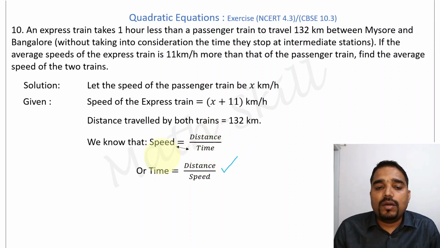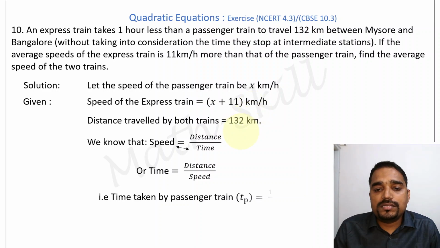With this, the time taken by the passenger train, moving at a speed of x kilometers per hour, where the distance is 132 kilometers and the speed is x kilometers per hour, would be 132 divided by x hours.